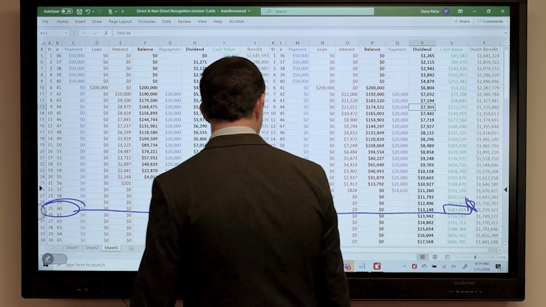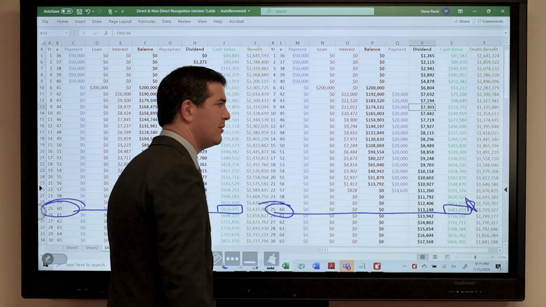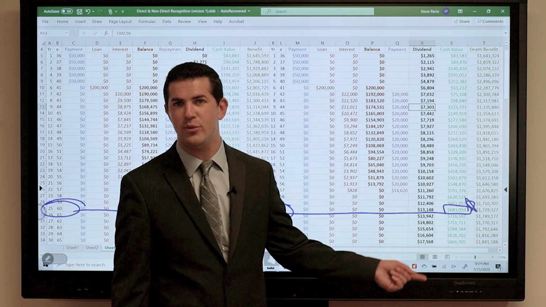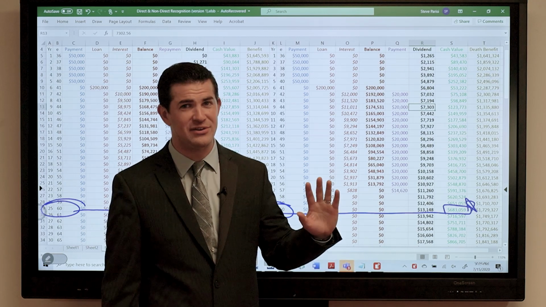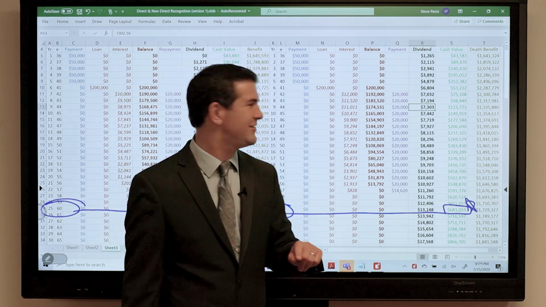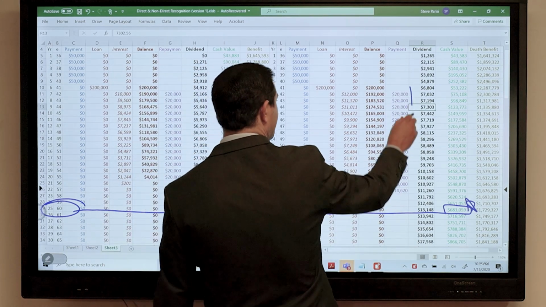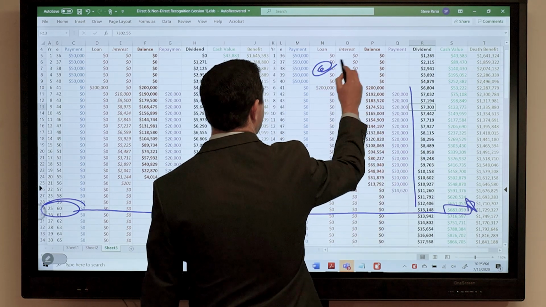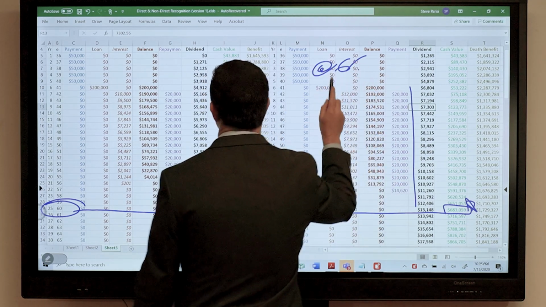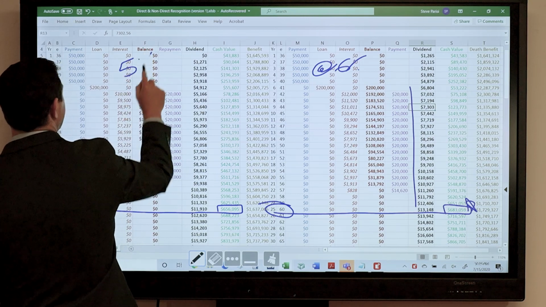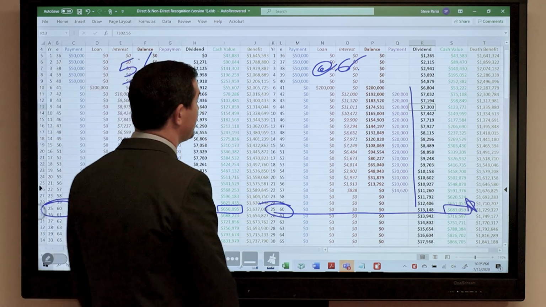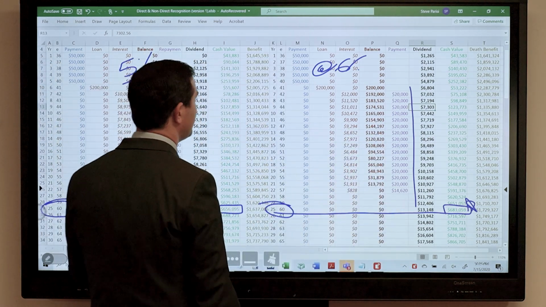So 25,000, a little bit more additional in cash value in the direct recognition example makes it sound better, right? The thing is, if you were to tally up the loan payments, you've paid more over here because I've got a 6% cost to borrow over here and only a 5% cost to borrow over here. But then again, this is fixed, this is variable.